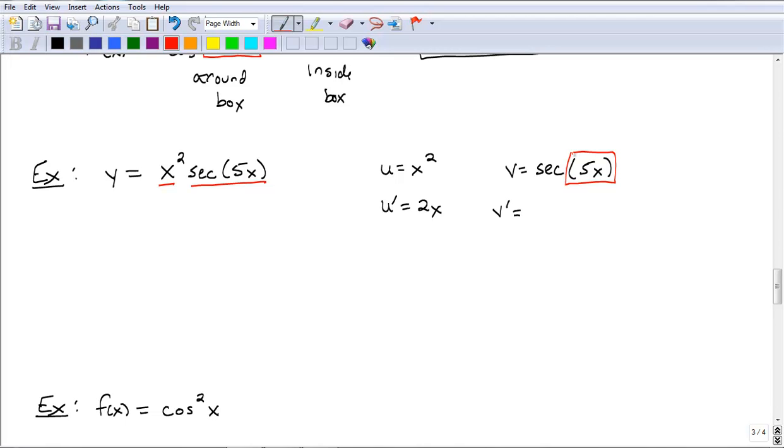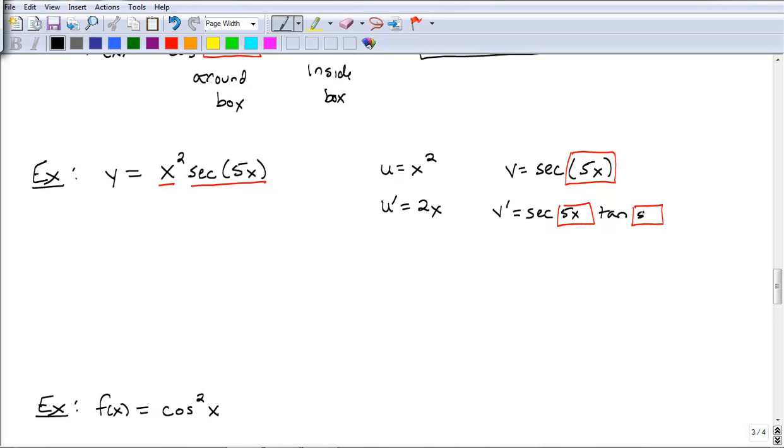So the derivative around the box would be the derivative of the secant. And the derivative of secant is secant tangent. So I'm going to leave the box alone, but when I take the derivative around the box, I get secant tangent. So that's secant of the box, tangent of the box. Notice I don't change the box when I take the derivative around the box.